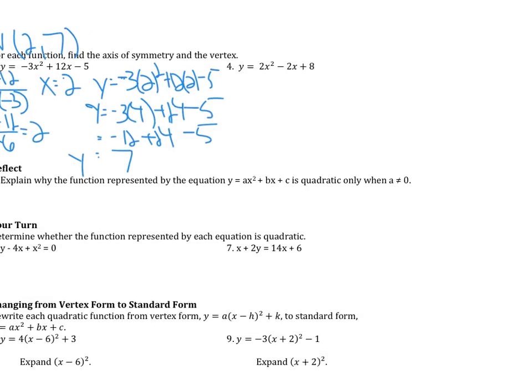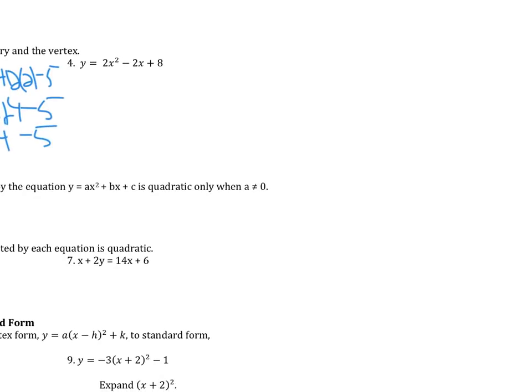All right, let's look at number 4 here now. So x equals negative b, which in this case is a negative 2, all over 2a, which is 2. 2 negatives make a positive, so that's positive 2. 2 times 2 is 4, so that equals 1/2.